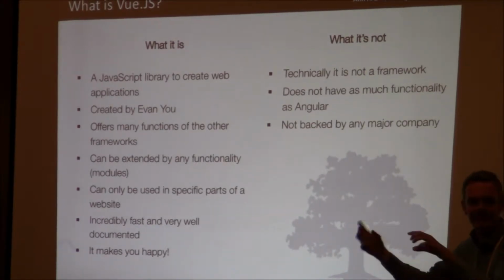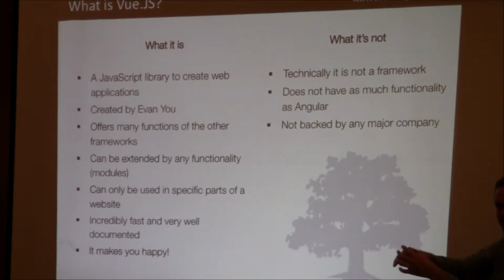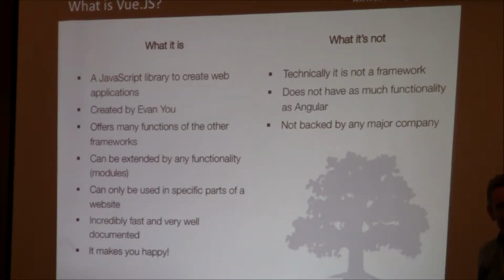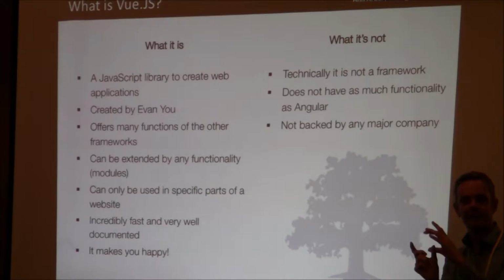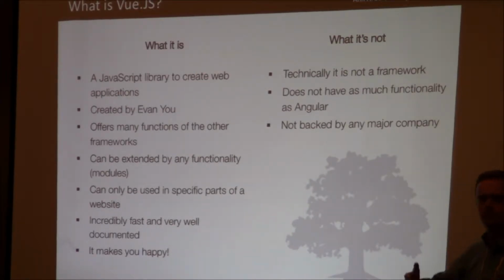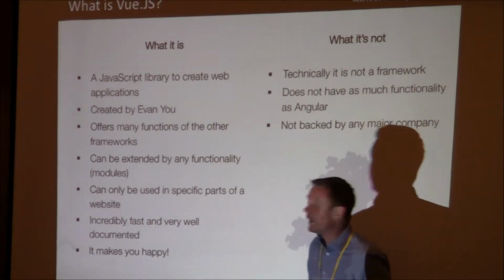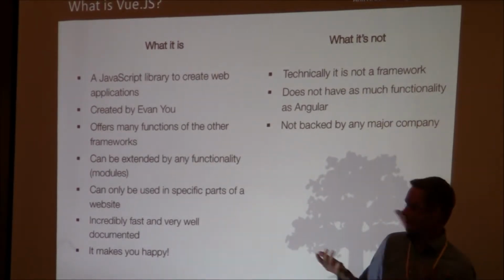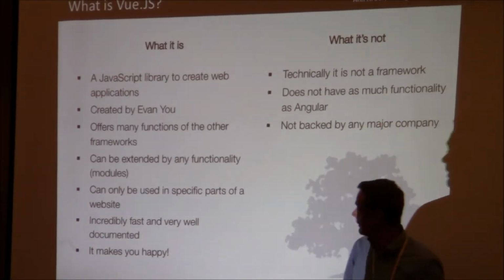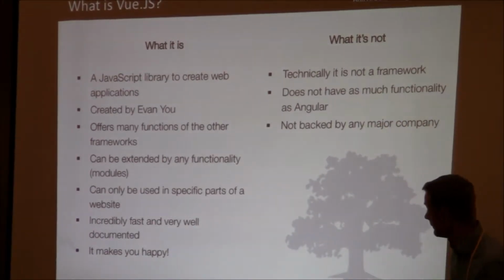It doesn't mean it can only be used, it means it can be used as part of a website only. You don't need to rewrite the whole page. You can just start with little things and Vueify. It's incredibly fast. Yeah, it's not my mother language, so excuse me. It's very fast, very well documented, makes you happy.